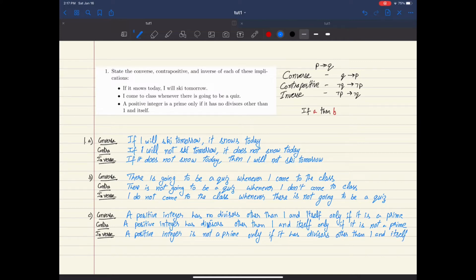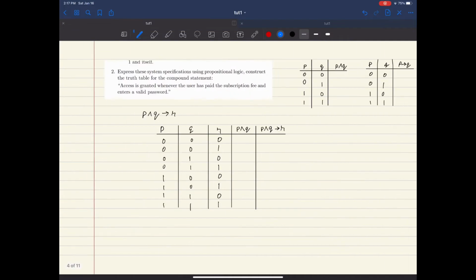Now, moving to the second problem, it says express these system specifications using propositional logic, construct the truth table for the compound statement. Access is granted whenever the user has paid the subscription fee and enters a valid password.